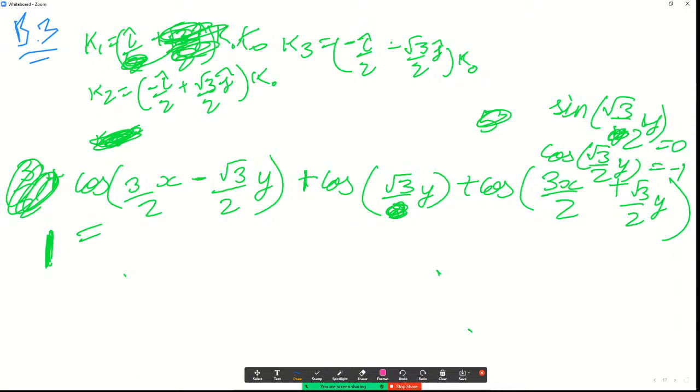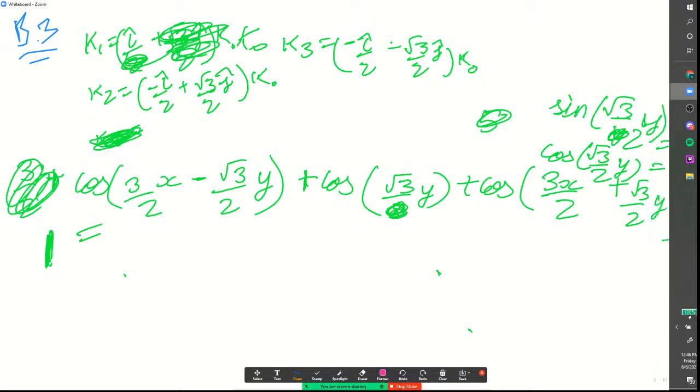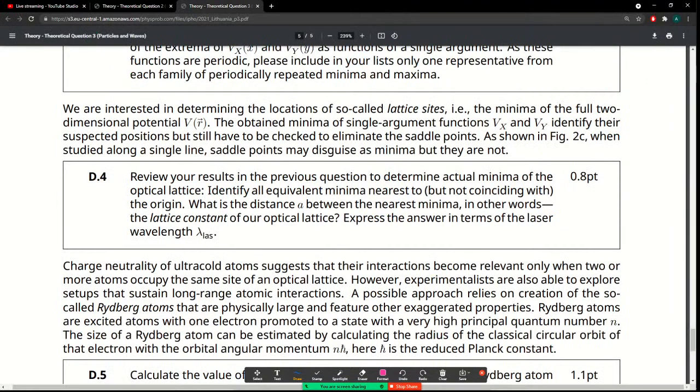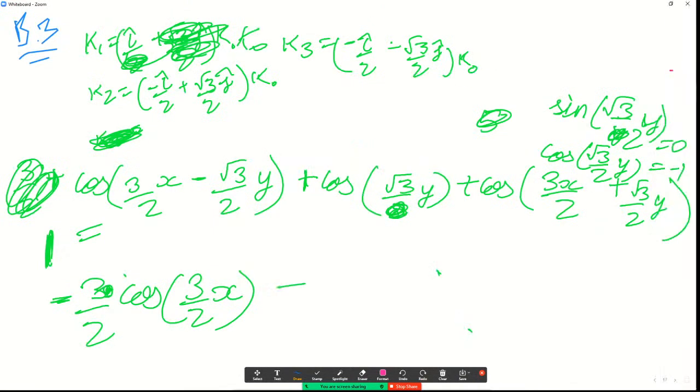Then we are looking for minima on x. We have root 3 cos 3x by 2 minus cos 3x by 2. Oops, I plugged x equals 0 while taking the partial derivative.